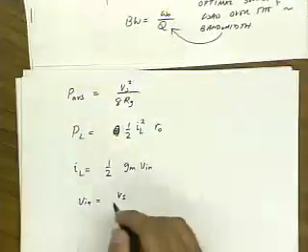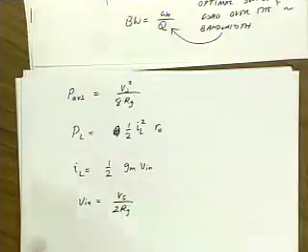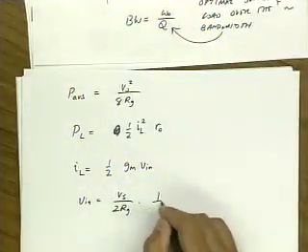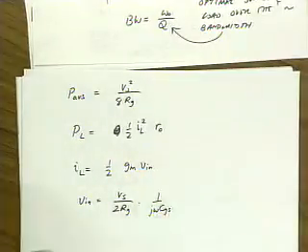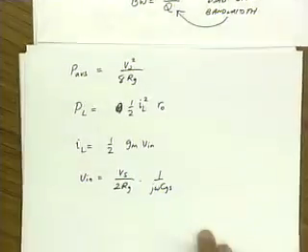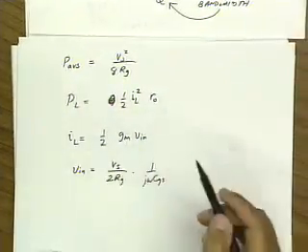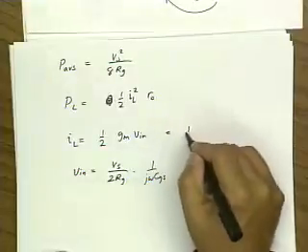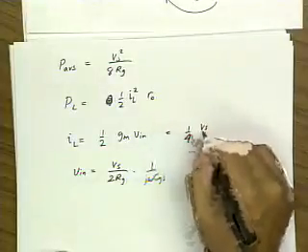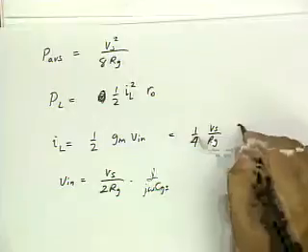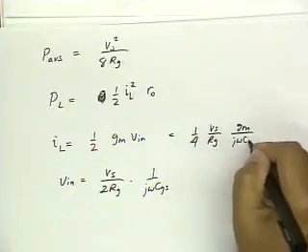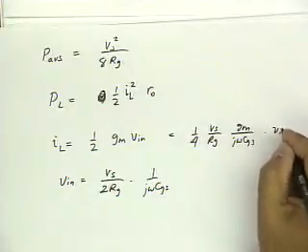So V in is Vs divided by 2Rg, that's the current, times 1 over j omega CGS. Okay? That clear? Good. So now we have an expression we can plug in here. So this is 1/4 Vs over Rg Gm over j omega CGS times V in.